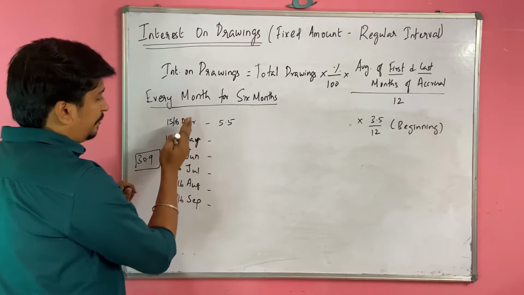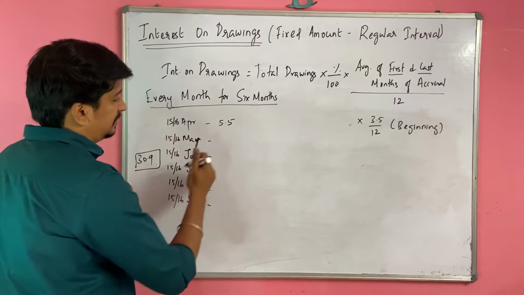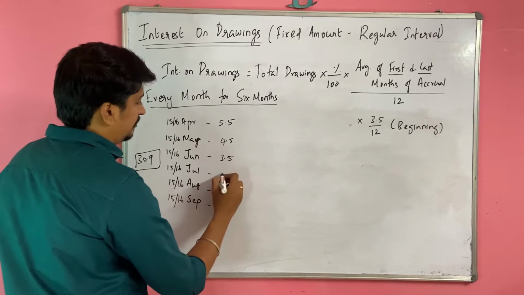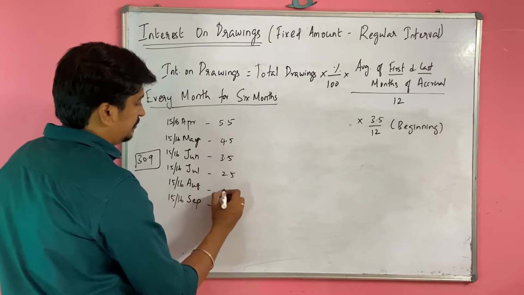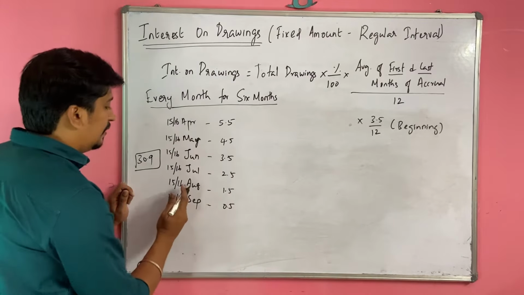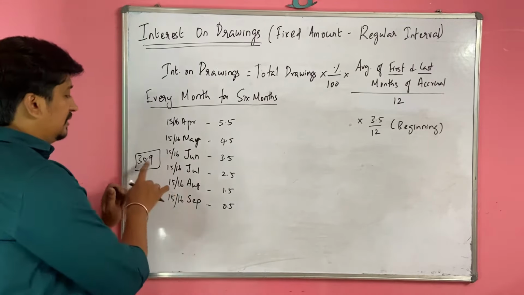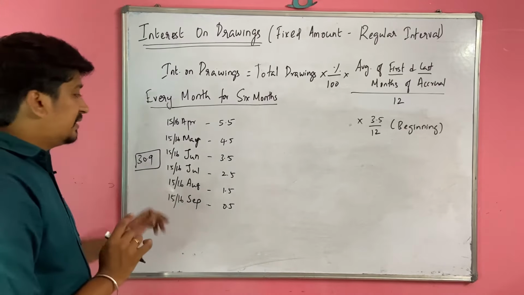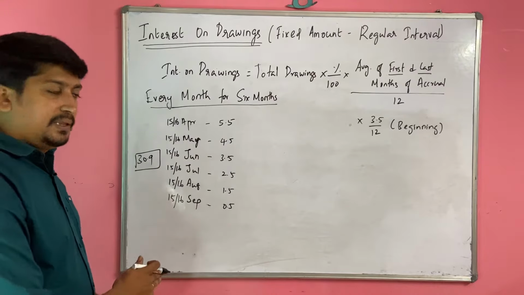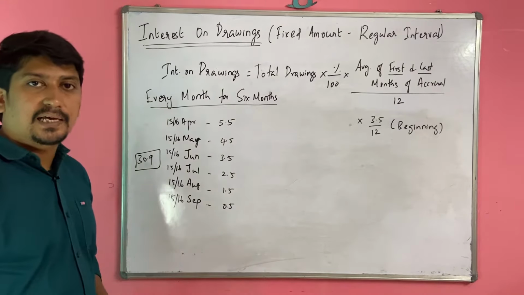And here 1.5 over out of 6 months. So 4.5, this would be 3.5, this would be 2.5, this would be 1.5, and this would be 0.5. That means September half is over. September is the last month for that accounting period, so in the last month he took only at half of the month, so half of the month's interest only he has to pay.